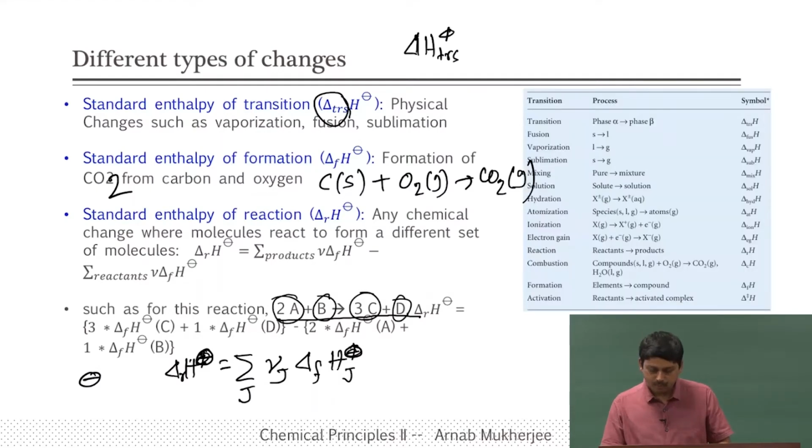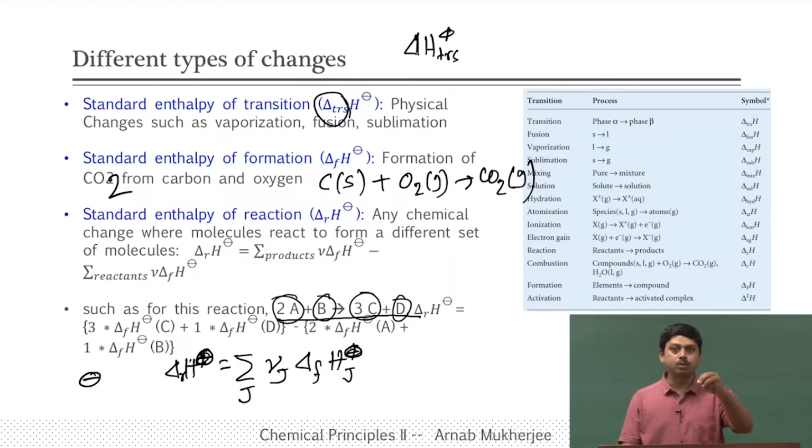Okay. And here you see several other types of transitions mentioned. For example, there is a phase transition from alpha to beta, which we can call transition enthalpy. Then there is fusion, going from solid to liquid, vaporization, liquid to gas, sublimation, solid to gas, mixing, then solution.